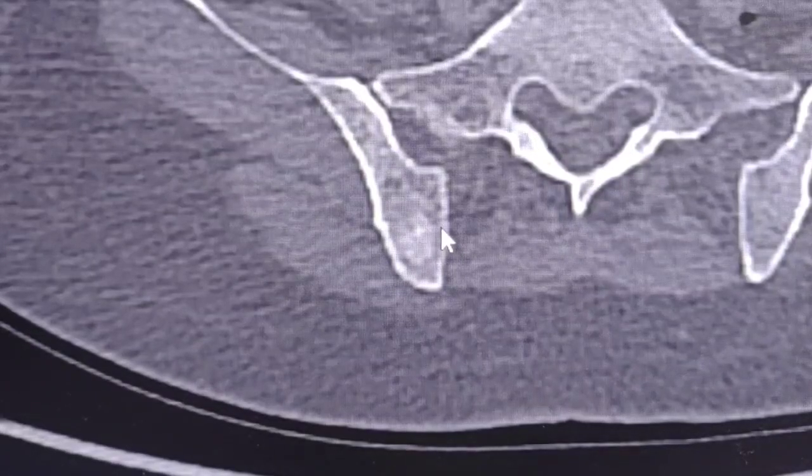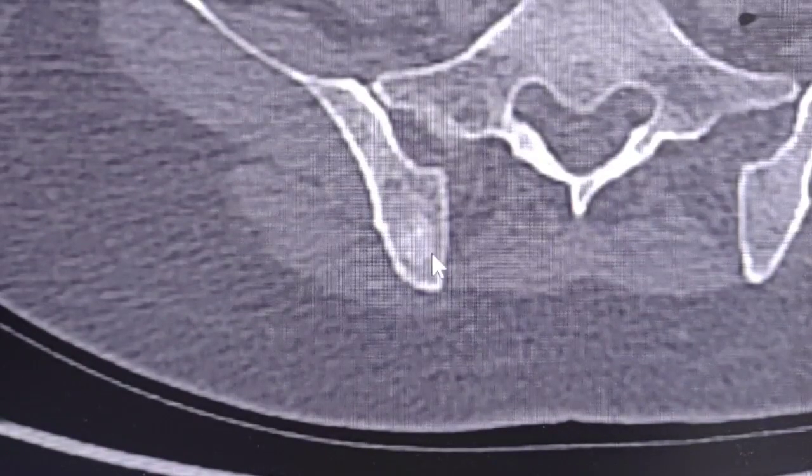So the teaching point is that we must not ignore lesions like this. They may represent Enchondromas, and it is well known that Enchondromas have malignant potential and may transform into chondrosarcoma.